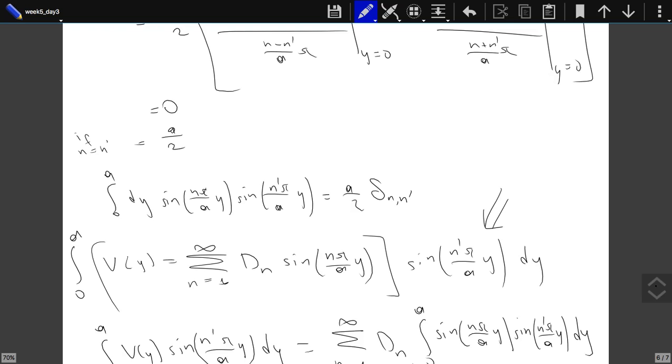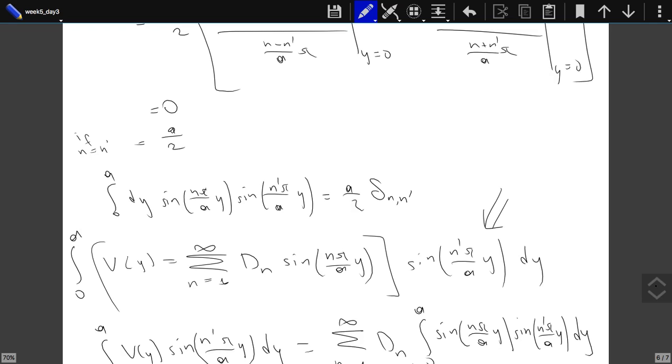So in that sense, these functions sine n pi over a y, we know that every function defined in the interval from 0 to a can be written in terms of these functions. So essentially, these functions form a basis in our function space. Furthermore, we had seen that they are orthogonal to each other, defined with this inner product.